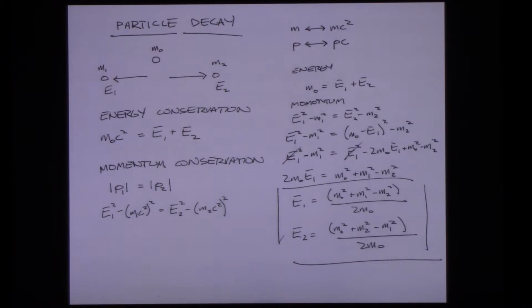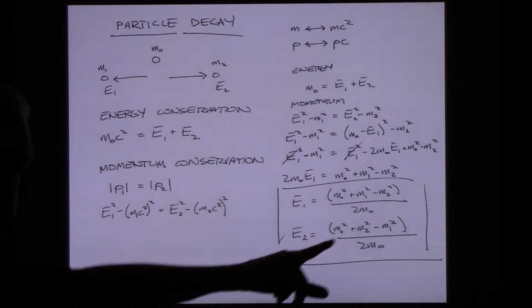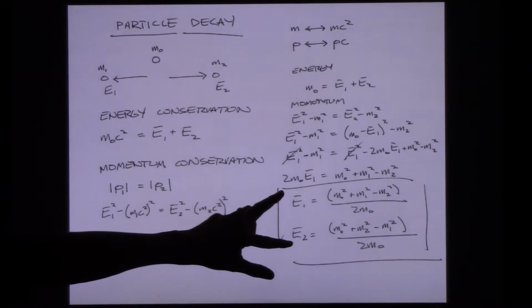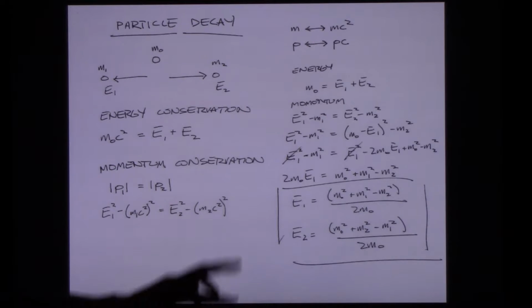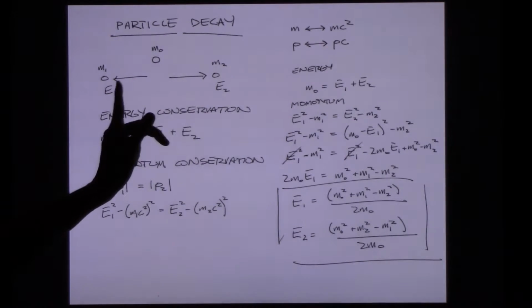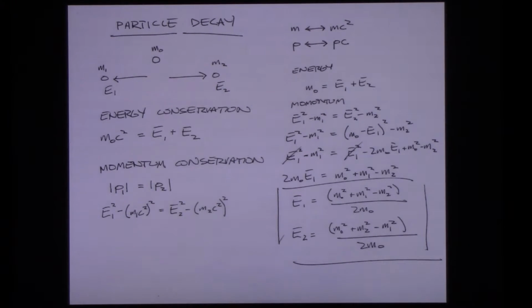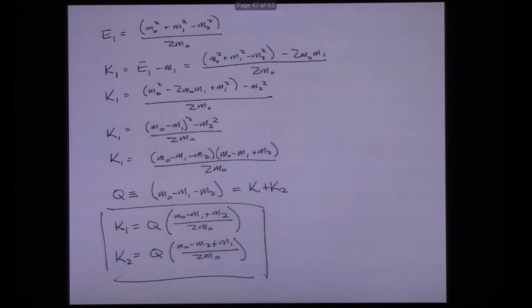So at least it's consistent. Actually, the formulas are fine. They're correct. And what we've shown is that there's a consistency here. When I add them together, they do add up to m naught. So there they are. There are the two formulas that we hoped to come up with, telling us how the energy divides up between these two objects.